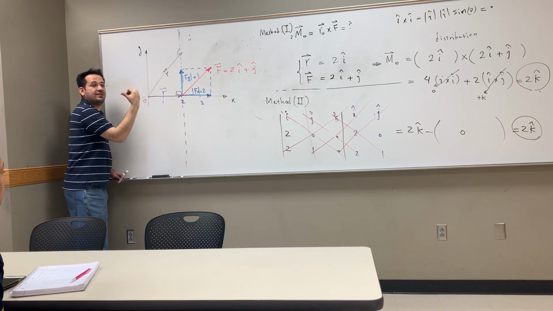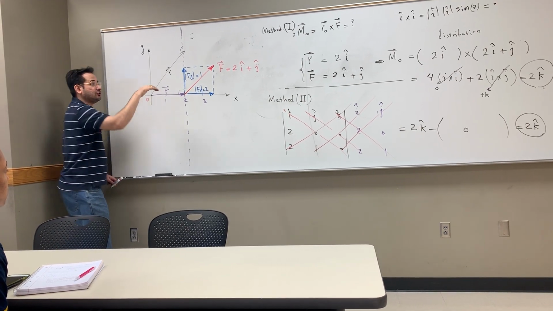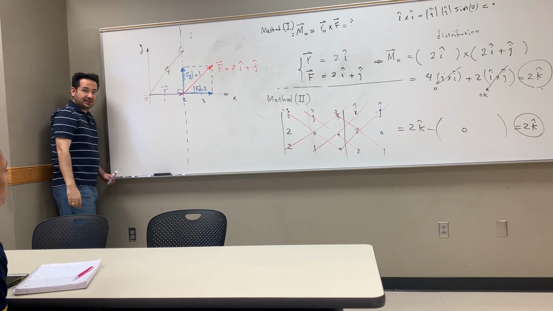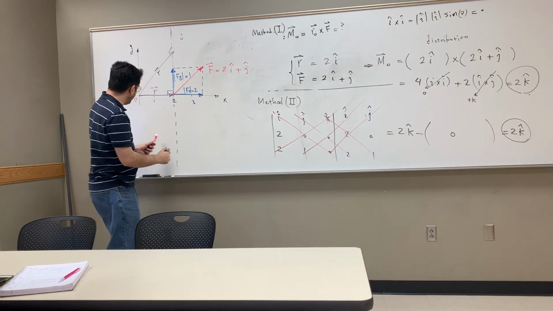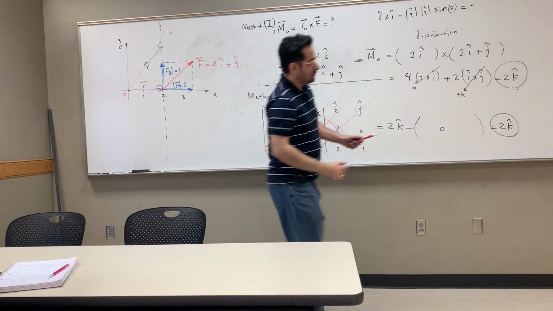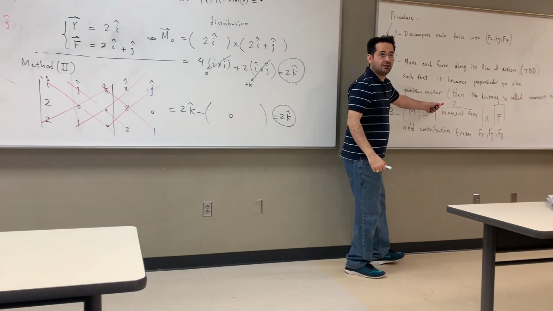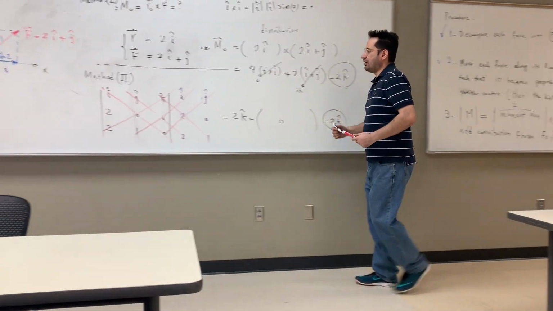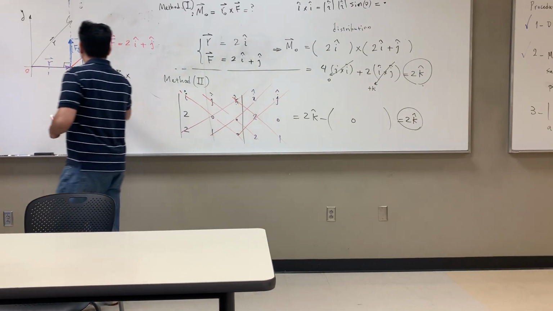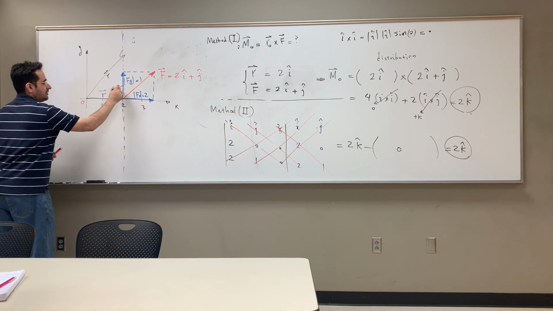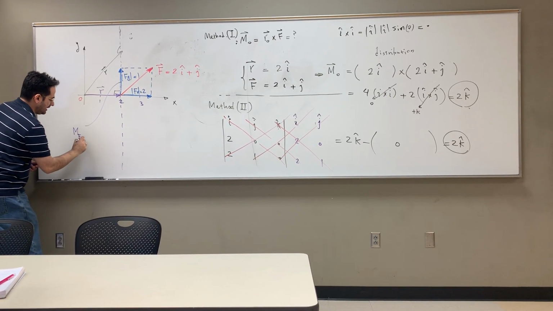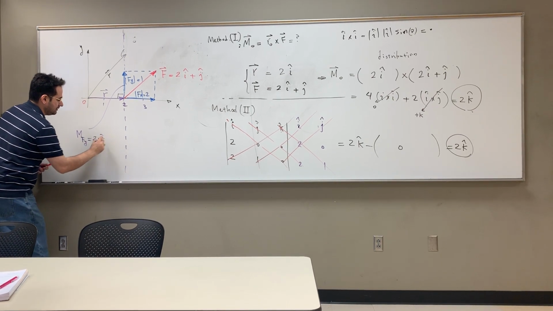That means positive Z, positive K. If your thumb happens to be inward, then you get negative K. So this is 2 times 1, as you can see here, is 2 times K. So the end result is simply due to this component, just this component. Moment of Fy is 2K.